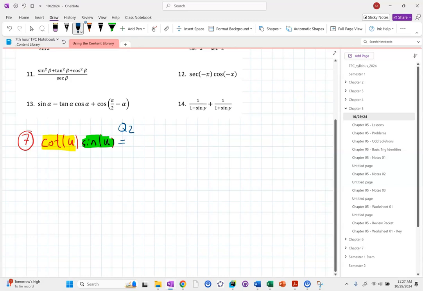So you're going to use Q2, and Q2 has two sets of equal signs, right? Yeah. So that means you could say that cotangent theta equals cosine over sine, or you could say cotangent theta equals cosecant over secant. Okay. So we use the first one, right? Yes, because it has the sine in it.